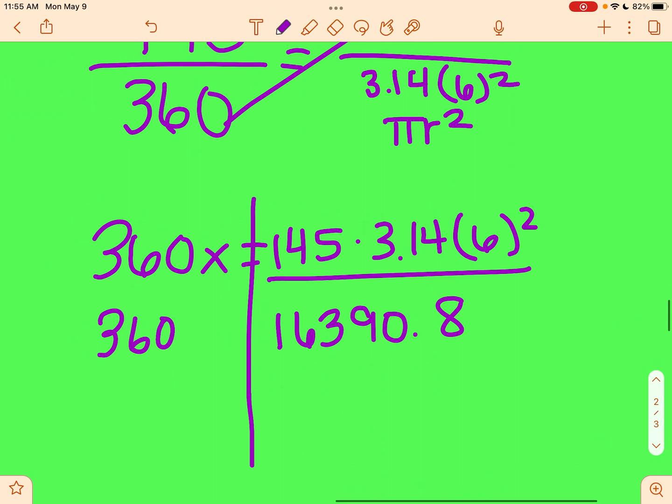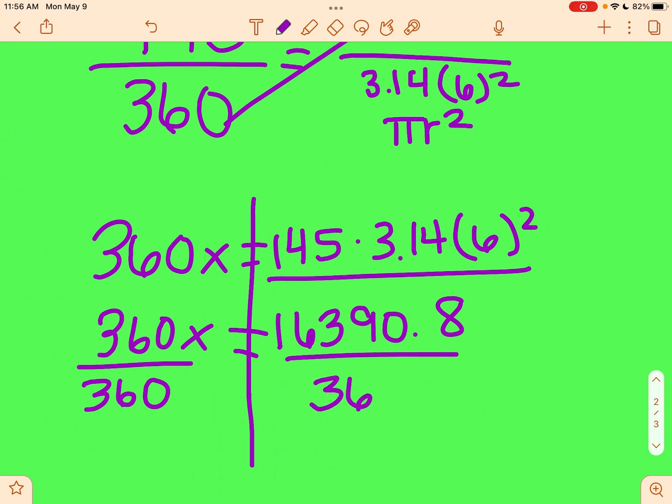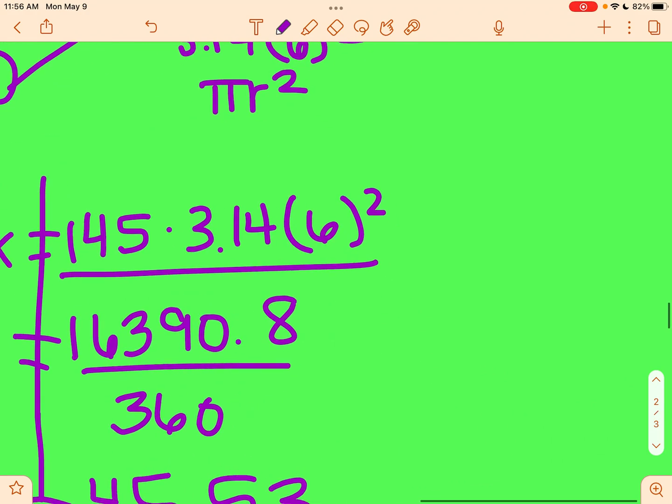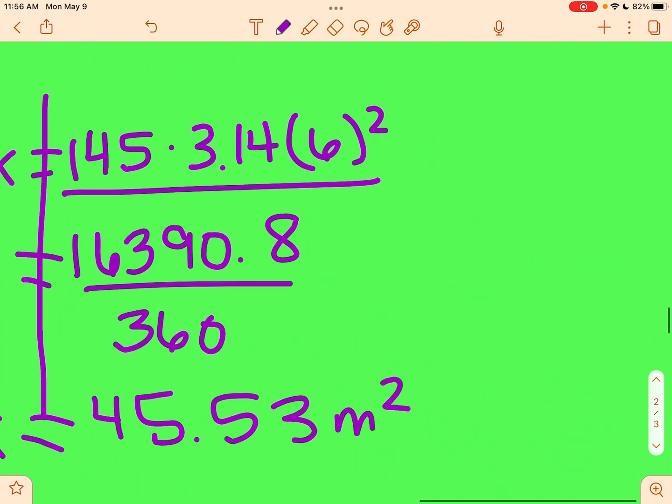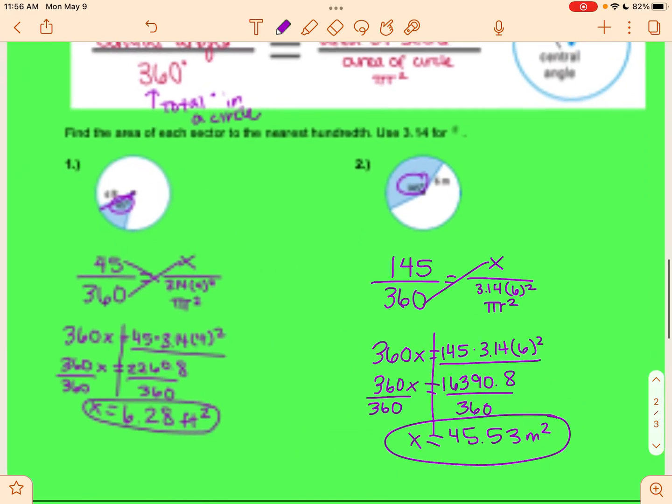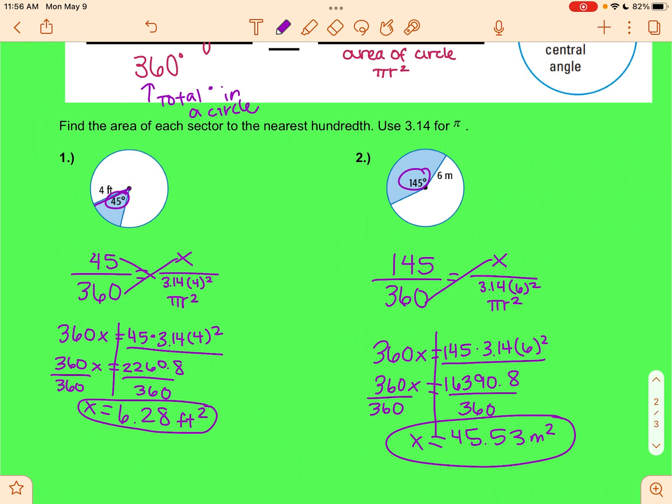And that's all equal to 360x still. Now we need to solve, so we need to divide by 360. X equals, let's divide that. I get 45.53, and our label is meters squared. And that is the area of our sector.